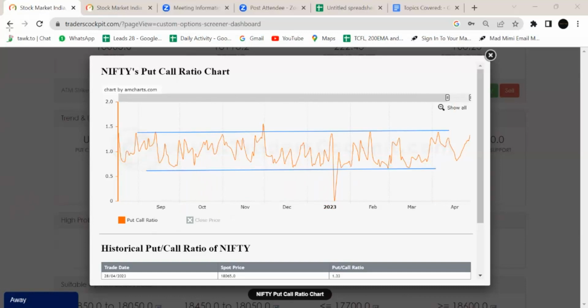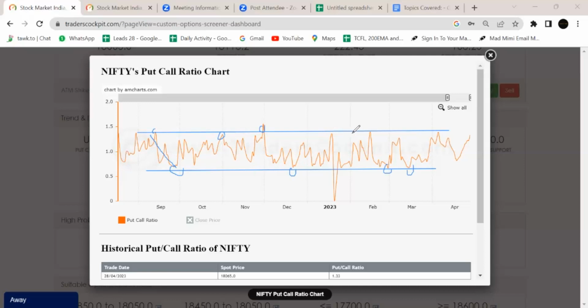Can you see in the PCR chart, whenever the PCR comes down, it takes support at this level, here or here or here. Whenever PCR goes uptrend, it takes resistance at this level.